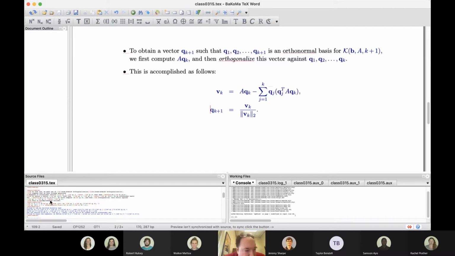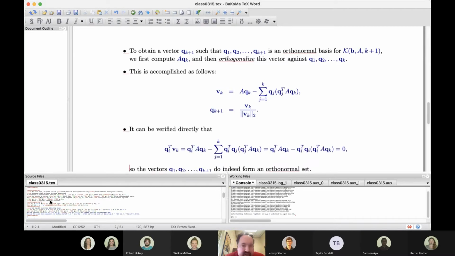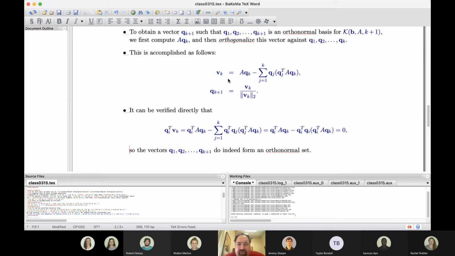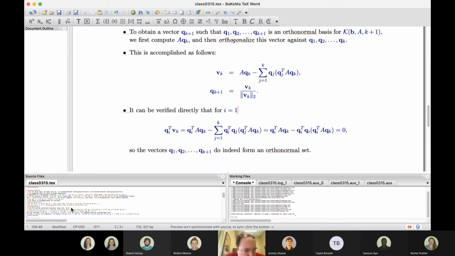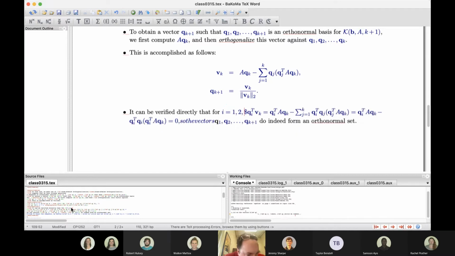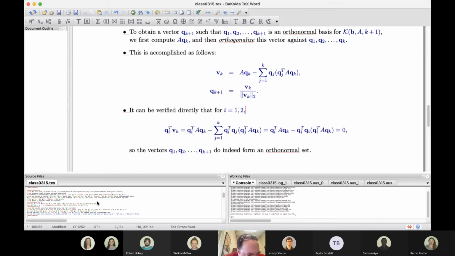To confirm that this vector really is orthogonal to all the previous q's, let i be an index from 1 to k.